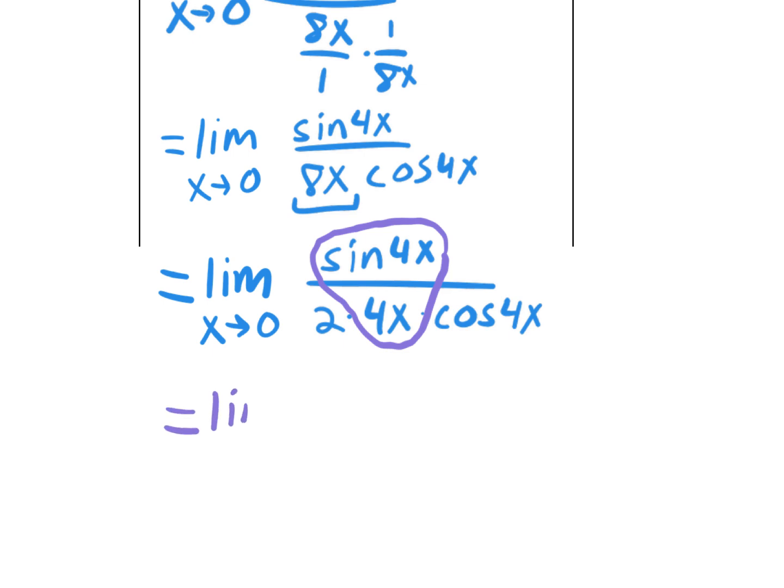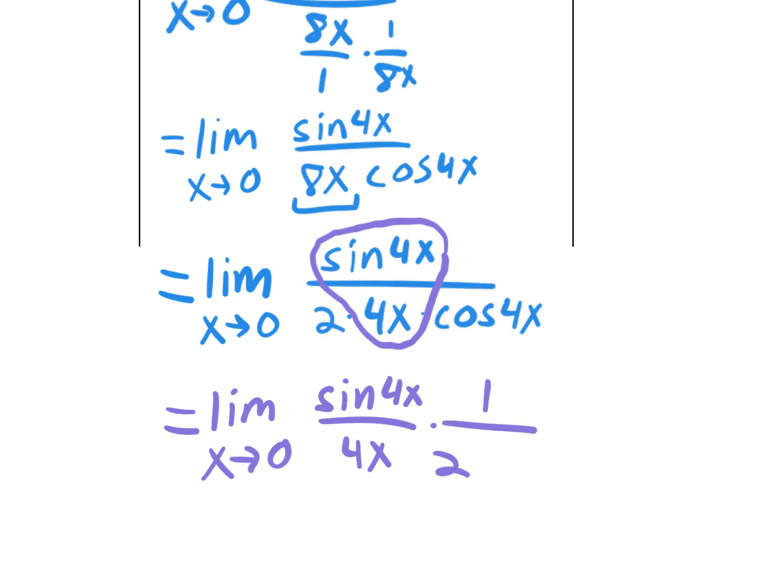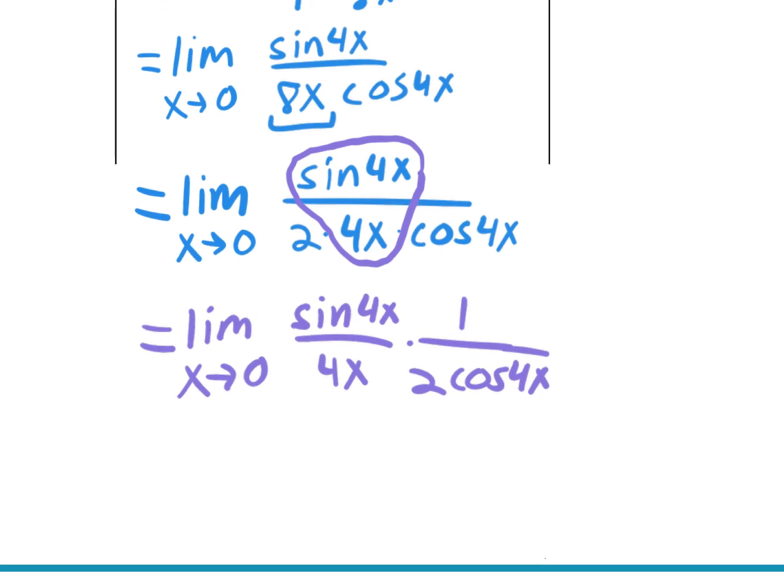So let's make this the limit as x approaches 0 of sine of 4x over 4x. And then this is still the same limit. I'm just splitting it up so that it's easier to see. You don't really have to do this if you understand it. But just so that it's easier to see, do you see that I didn't change the actual function at all? I just split it up differently. We know that this limit is 1, times 1 over 2 times cosine.